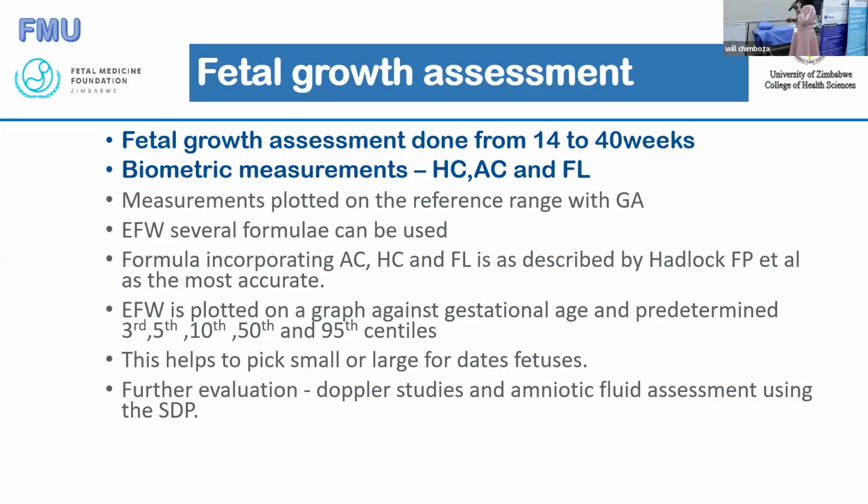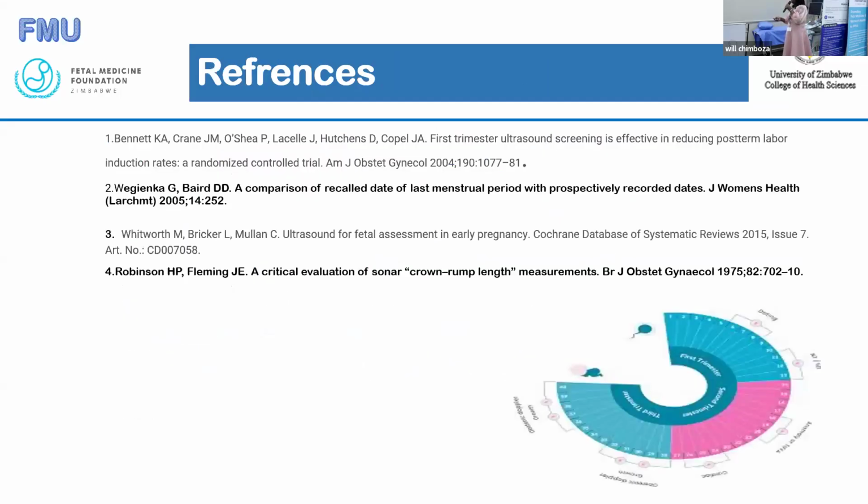If they are falling above the 95th centile, then they are too big. Then the ones who are not growing well will need further evaluation using Doppler studies. In all these fetuses, we assess amniotic fluid as it is also affected when the baby is not growing well.